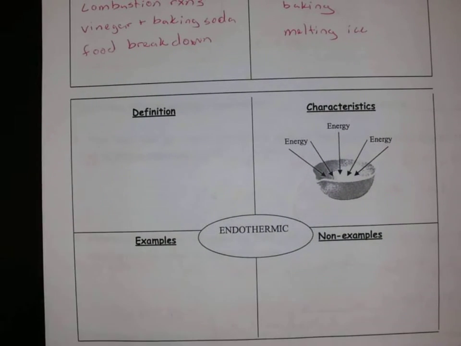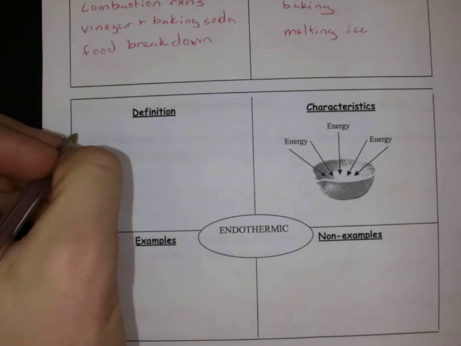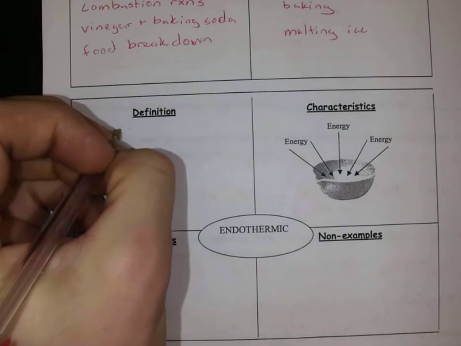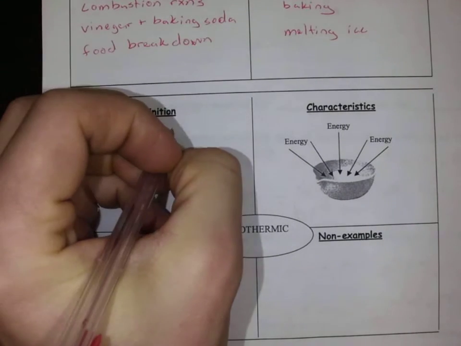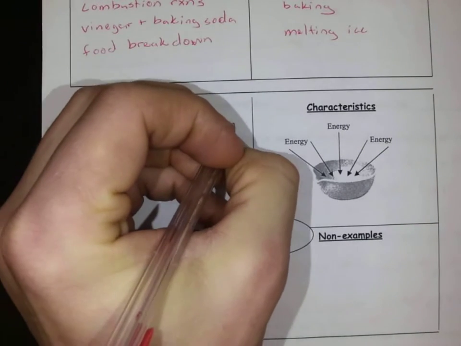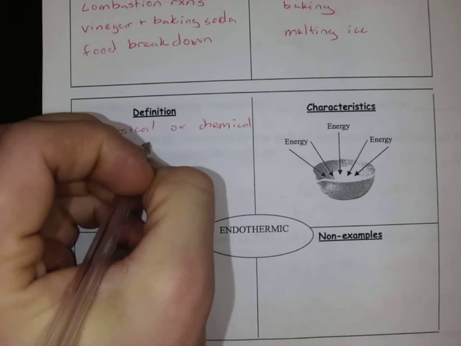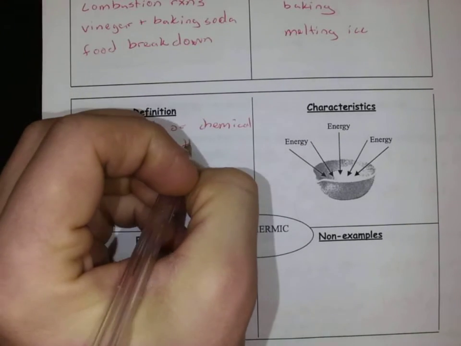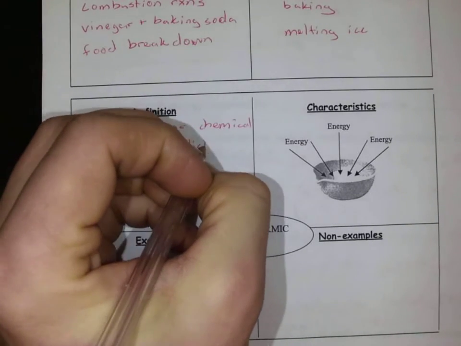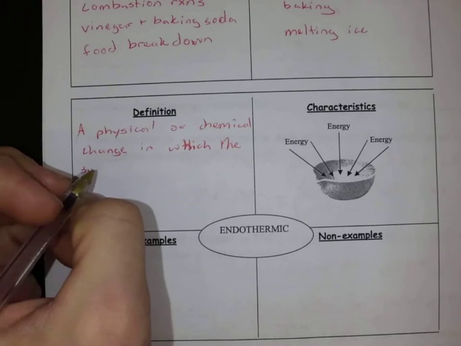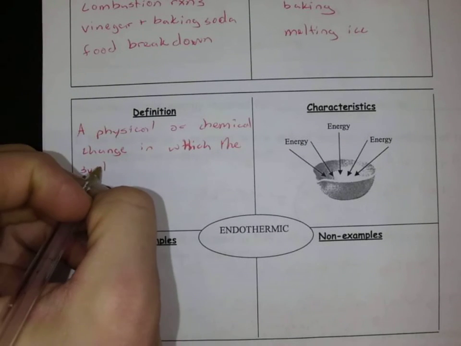So let's think about our endothermic reactions, okay? So endothermic reactions, again, let's get an exact definition, right? This would be a physical or chemical change in which the system absorbs energy from the surroundings.